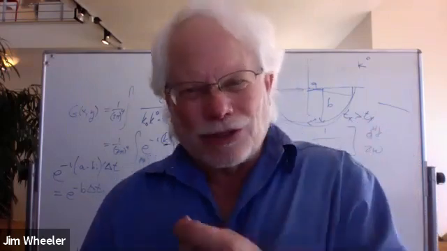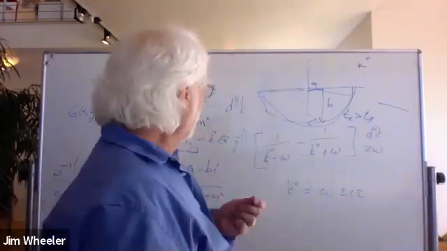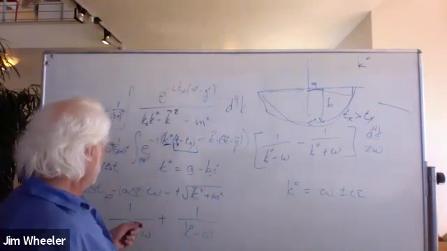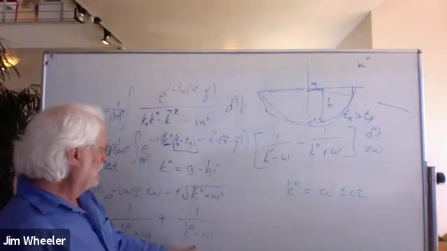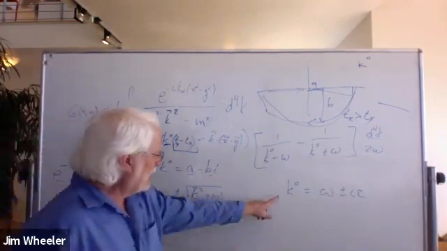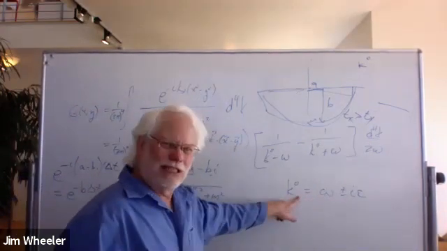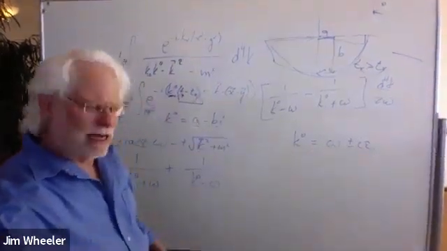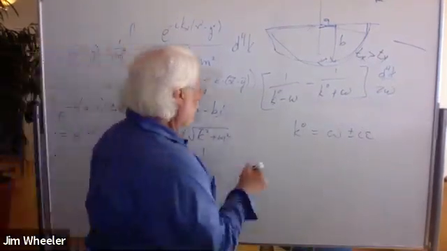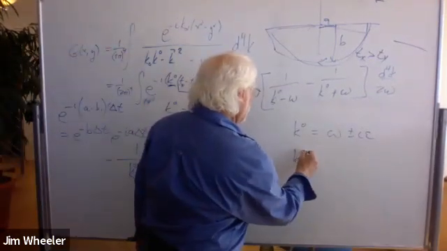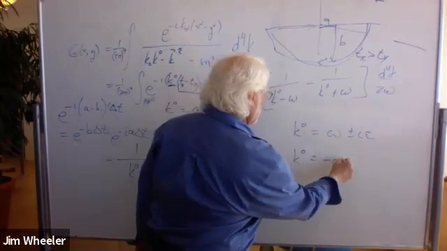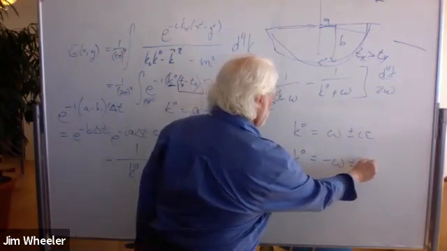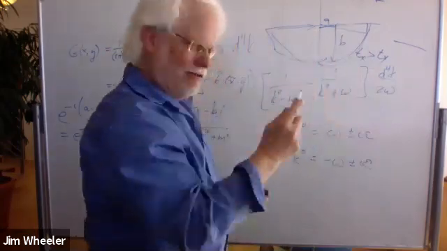So that's one of the poles. Then there's the other pole. That was this pole, right? k naught minus omega. So that's a pole that's close to k naught equals omega. But then there's another pole at k naught is minus omega, and we push that one off up or down too.